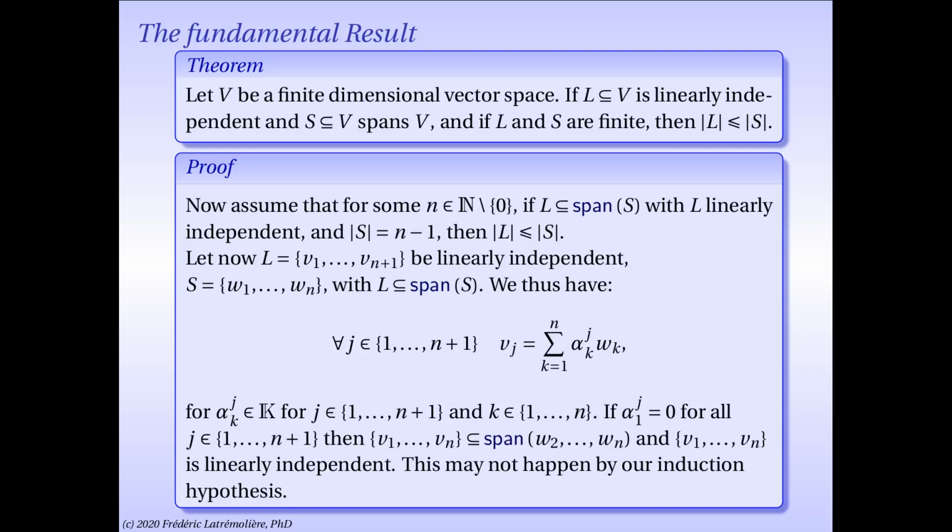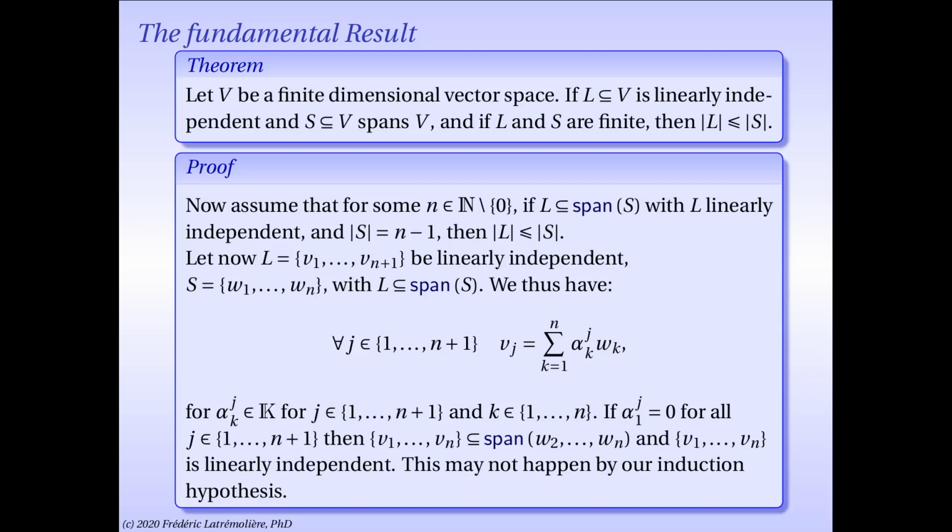But then v1, etc., vn is linearly independent as a subset of L. It has cardinality n. Yet it is a subset of the linear span of a set of cardinality n minus 1, namely w2, etc., wn. And I assume that cannot happen by my induction hypothesis.